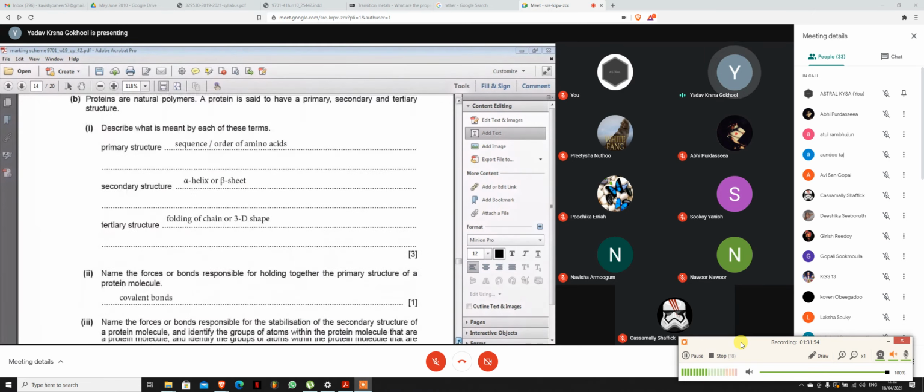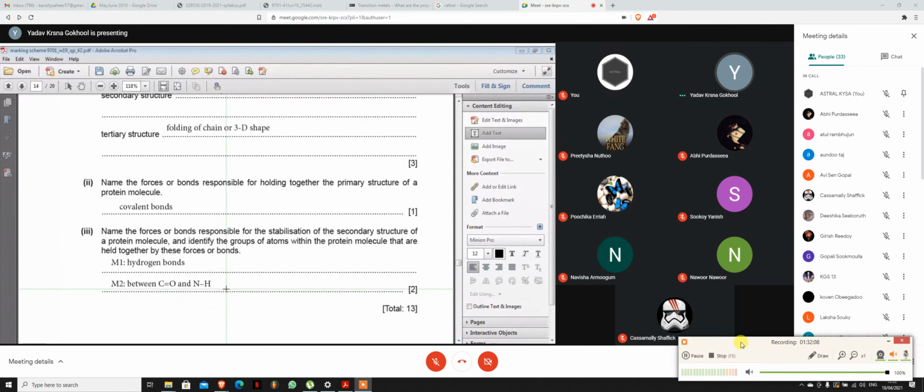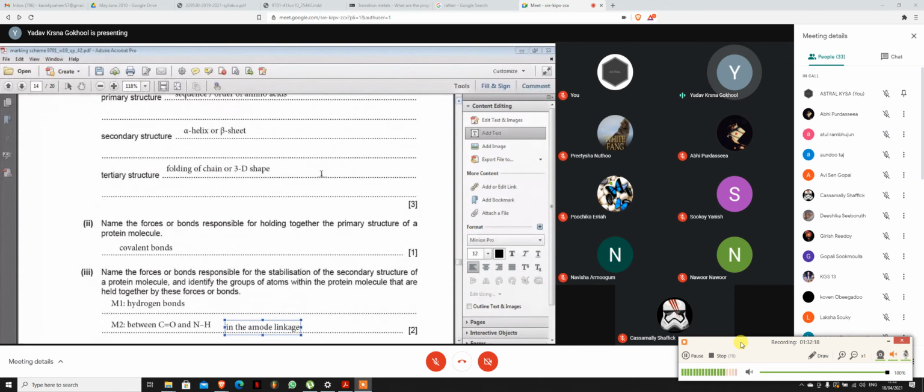Now, in the secondary, we have the hydrogen bonds between the CO and the NH in the amide linkage. Okay. Then let's come to the tertiary.